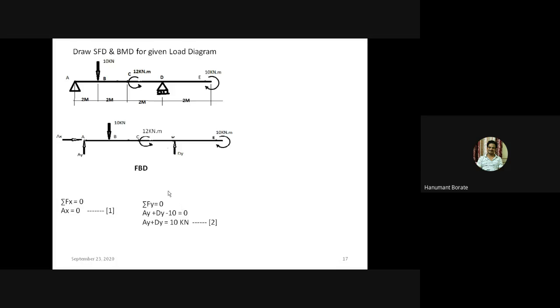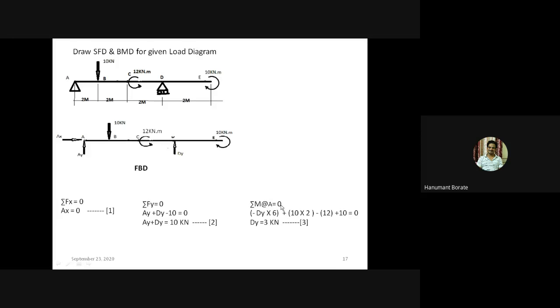Now by using summation Fy equal to 0, we can write the equation Ay plus Dy minus 10, yes, right, minus 10. And we can take moment about any point, but to avoid calculations, always take moment where the number of forces is more.